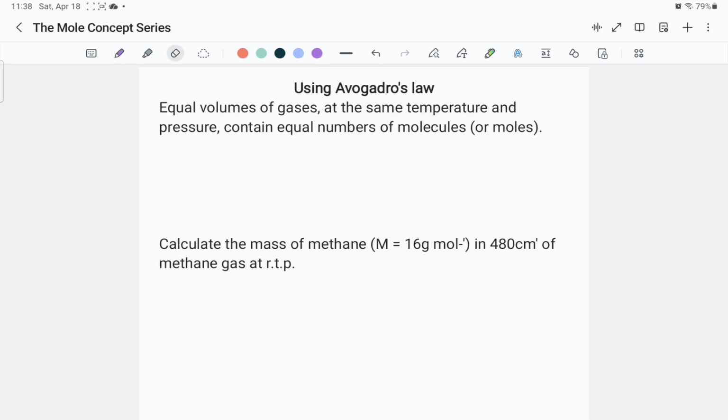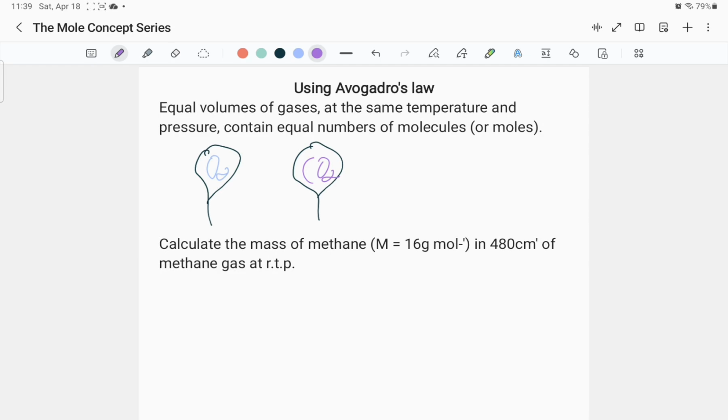So using Avogadro's law, imagine we have 2 balloons. One balloon has O2 gas and the other has carbon dioxide. Both balloons are at the same temperature, the same pressure and the same volume. What Avogadro's law says is equal volumes of gases at the same temperature and pressure contain an equal number of moles.